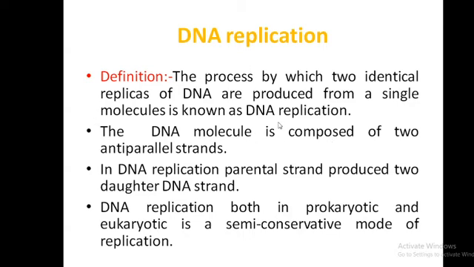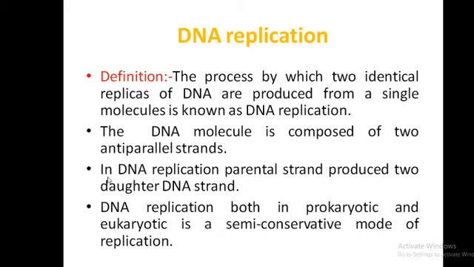DNA replication is a very complex process in the eukaryotic system, but it is much easier in the prokaryotic system. The DNA molecule is composed of two anti-parallel strands. As you know, one strand runs from 5' to 3' direction and the other runs from 3' to 5' direction.